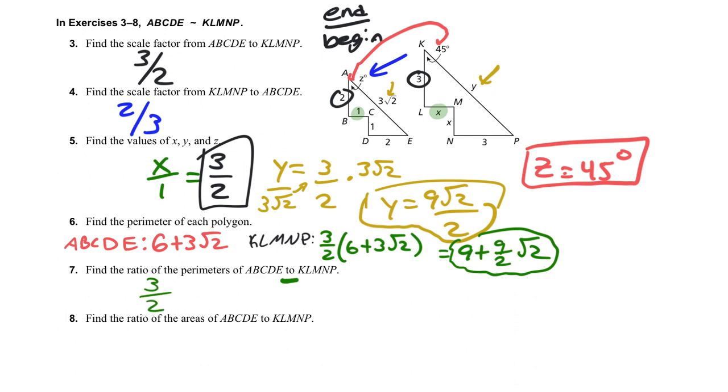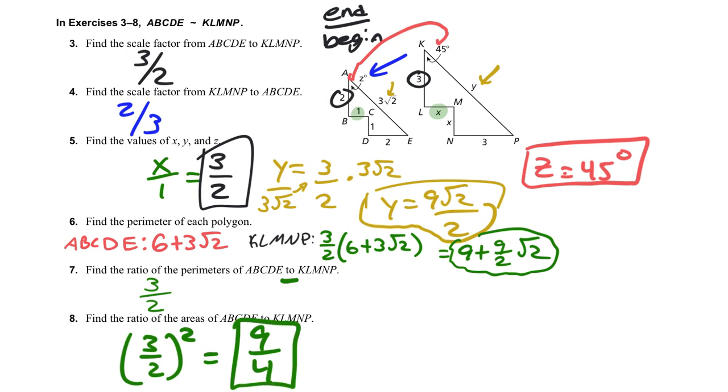Now for number 8, same direction, A, B, C, D, E, to K, L, M, N, P, but the area of similar polygons theorem says you need to take that scale factor and square it, which will be 9/4. That would be the ratio of the areas.